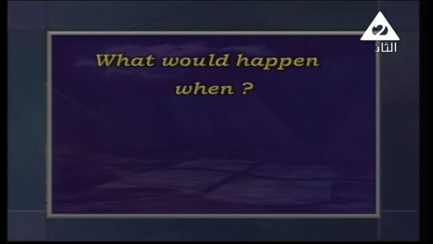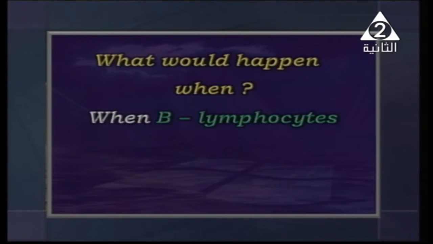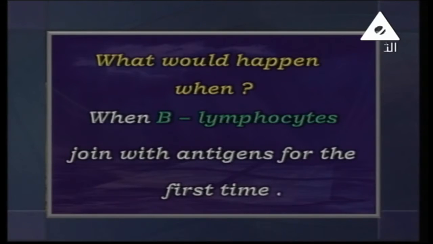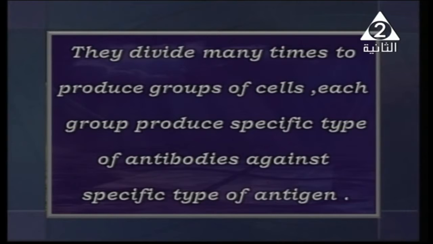Well, but the question here is, what would happen when the B lymphocytes join with the antigens for the first time? This is one of the most important questions in your lesson here. What's going to happen? Number 1, they divide many times to produce groups of cells. Each group produces a definite type of antibodies against a specific type of antigen.